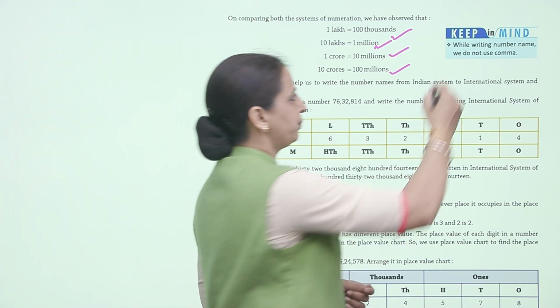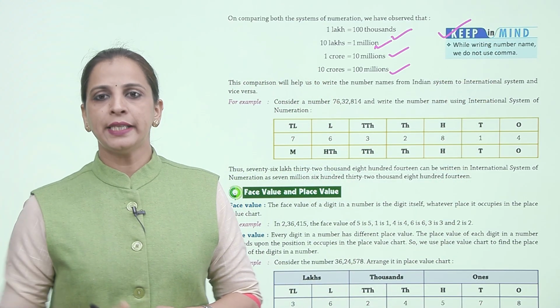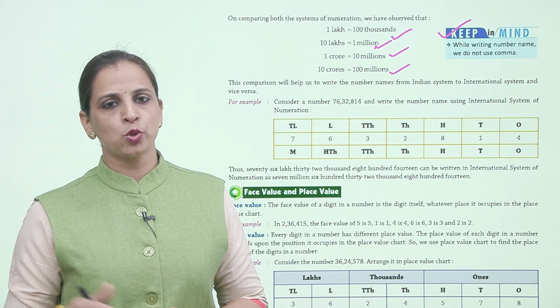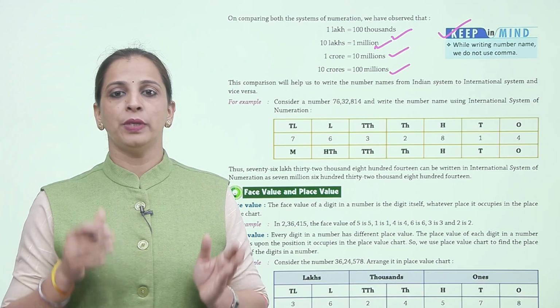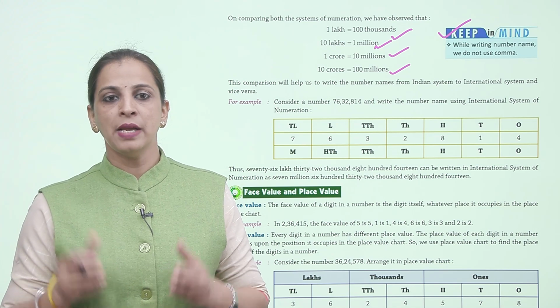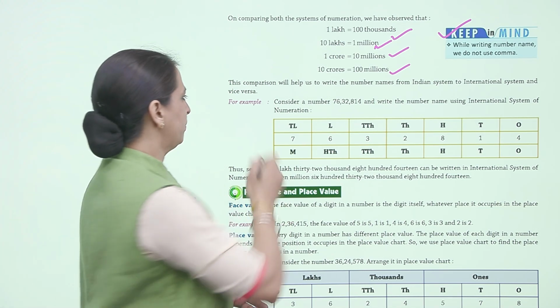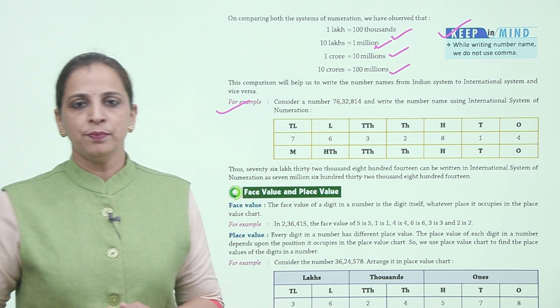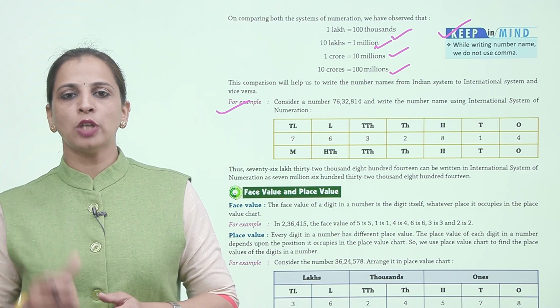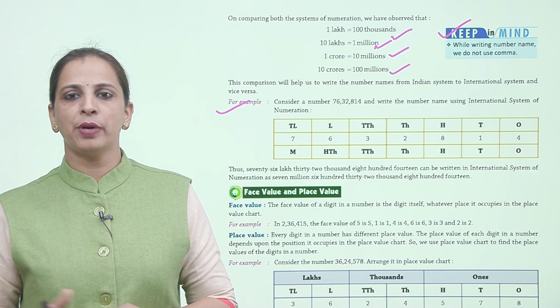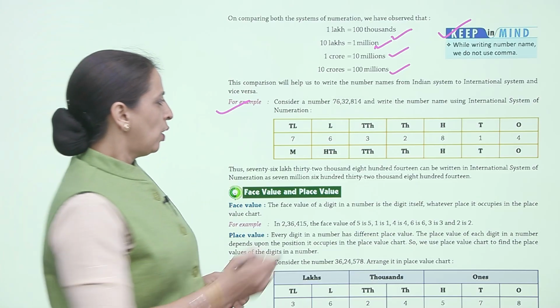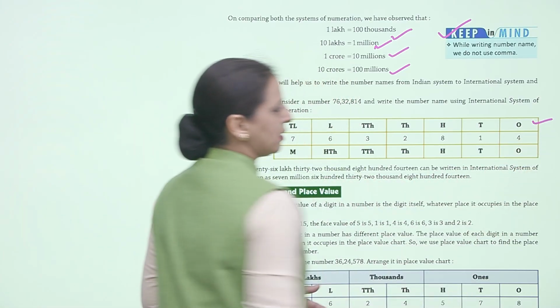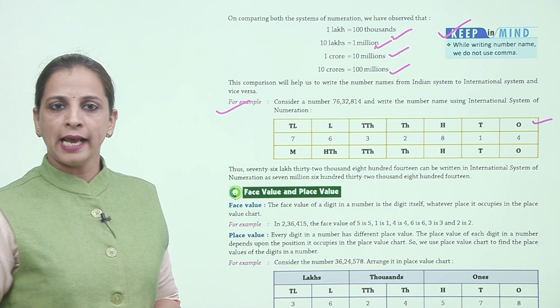Keep in mind, while writing number names, we do not use commas. This comparison will help us to write the number names from the Indian system to the international system and vice versa. For example, consider the number 76,32,814 and write the number name using the international system of numeration. So, in the Indian system we have 1s, 10s, 100s, thousand, 10,000, lakh and 10 lakh.